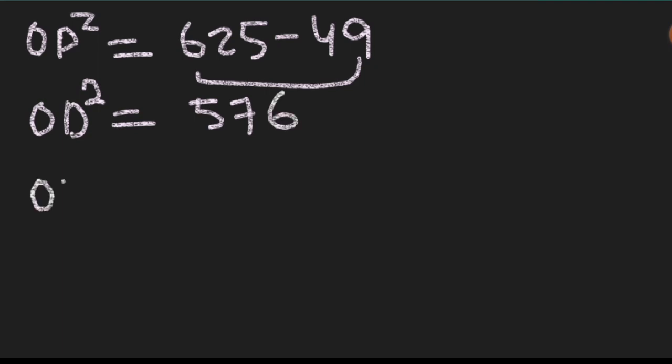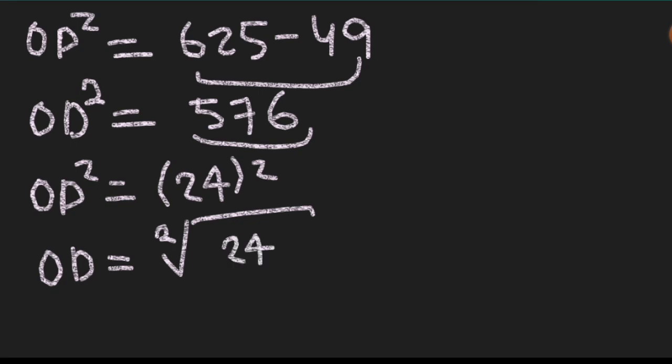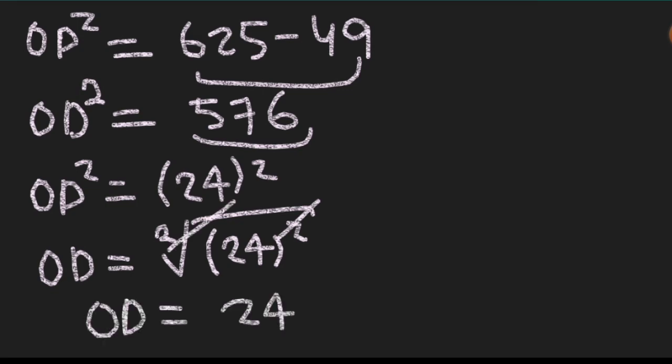Now OD square will be equal to, 576 is the perfect square of 24, so we can write 24 square. OD will be equal to, omitting square from left hand side, square root will exist on the right hand side, 24 square. Square and the square root will get cancelled, OD will be 24.